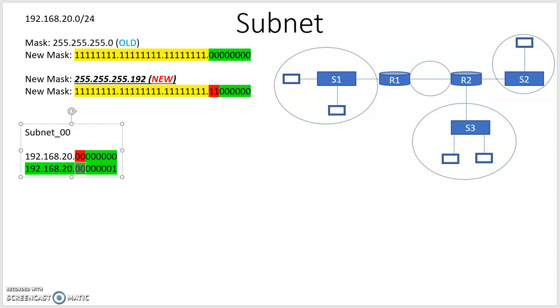Let's put this in red. And this one, the network portion, you can highlight in yellow to make it easier to follow. This one is the network portion, so let's put it yellow.